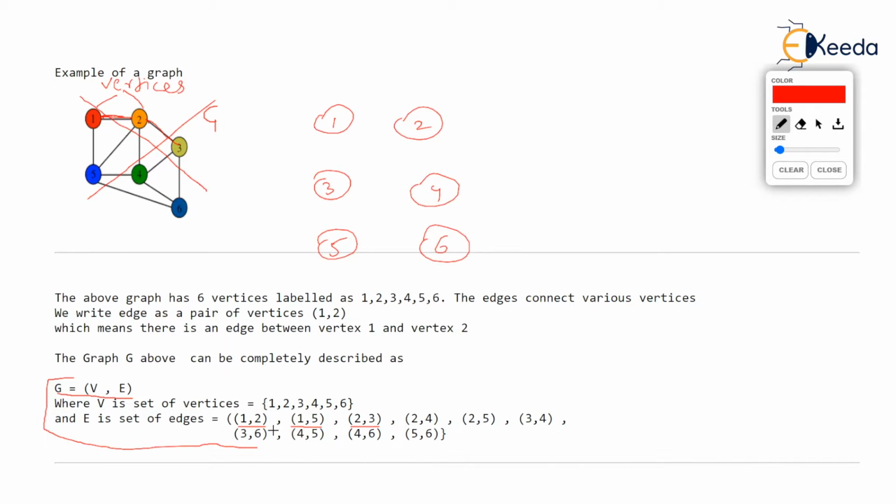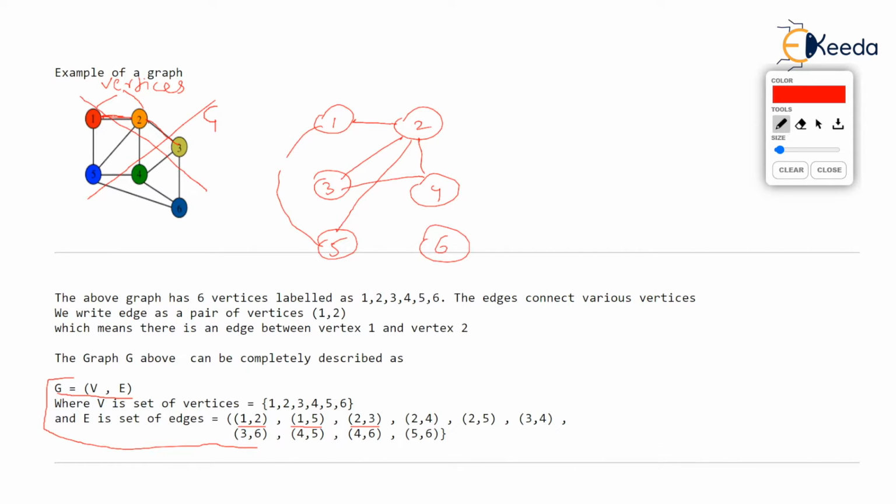You will use the edge set and say 1 and 2 are connected, 1 and 5 are connected, 2 and 3 are connected. So if you use that edge set, you will see this is how the vertices are connected: 1 and 2, then 1 5 is connected, then 2 3 is connected, after that 2 4 is connected, then 2 5 is connected, further 3 4 is connected, and 3 6 is connected.